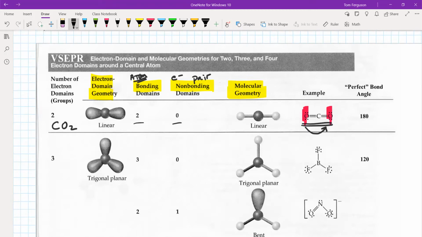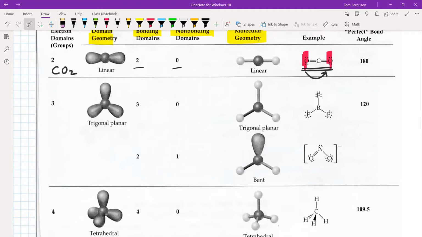Okay. We're looking at boron trifluoride, BF3. It has 3 electron domains. It has 3 atom bonding domains and no electron pairs.